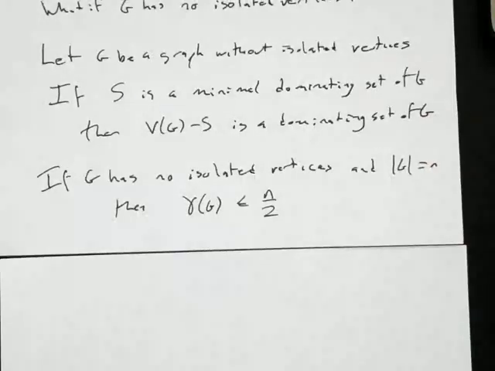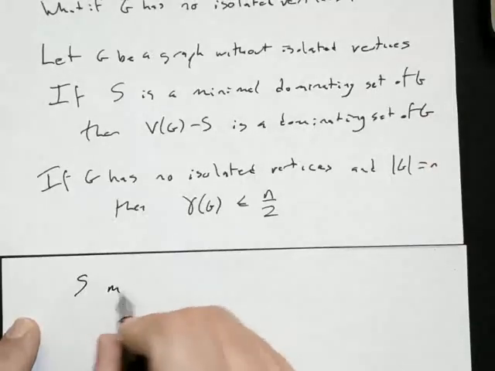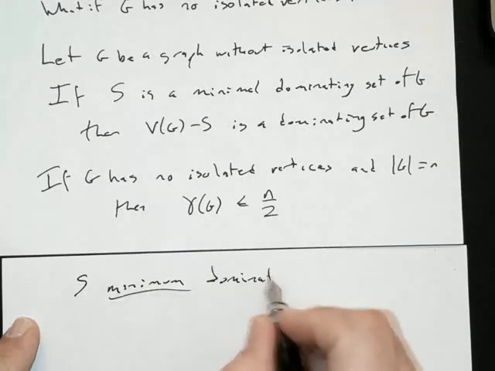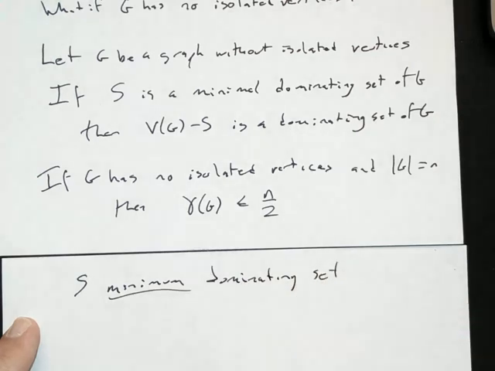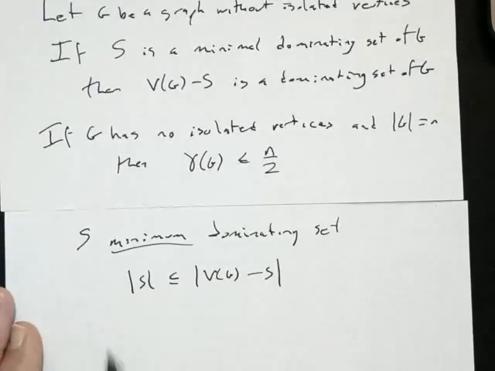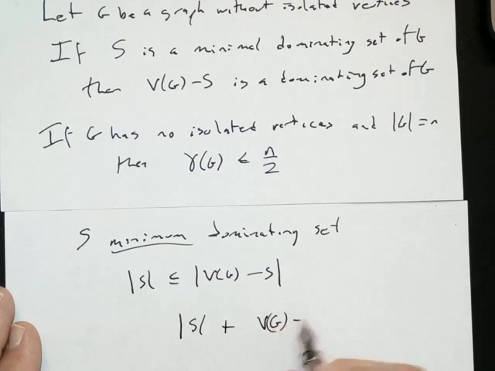S minimum dominating. Then S is less than or equal to V(G) minus S. That's true, because I've counted every vertex either in the set S or its complement.